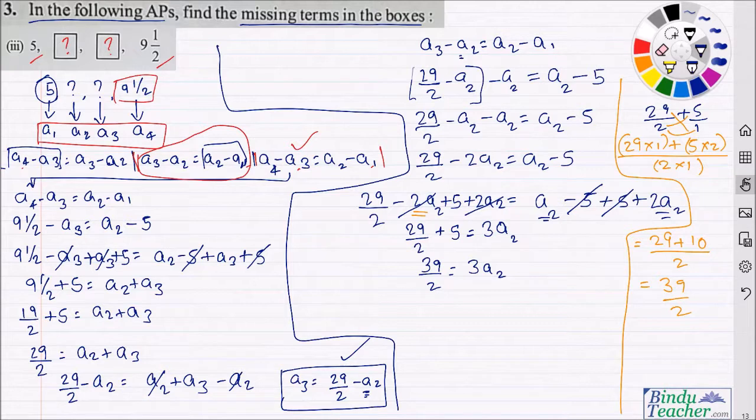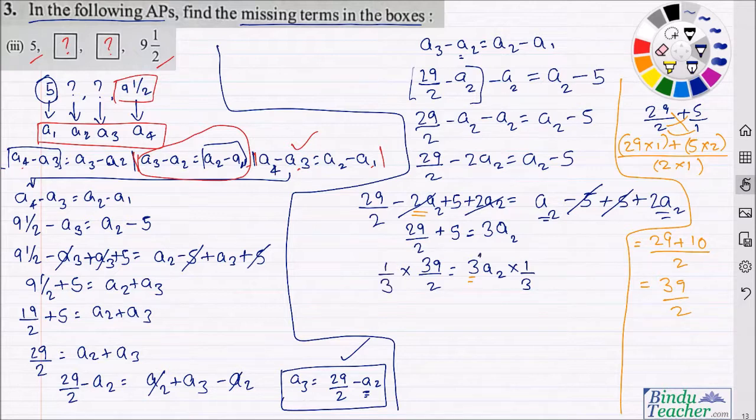Now here we still have 3, right? I want to get rid of 3. So we will again balance the equation. So to take this number, I will divide it by, or I'm sorry, multiply by 1 by 3. Whatever I do on the left hand side, I'll do it on the right hand side also.